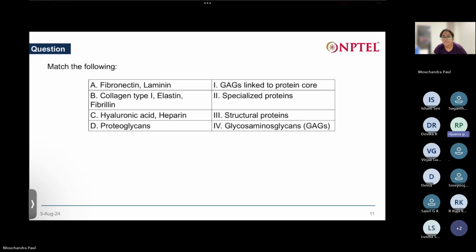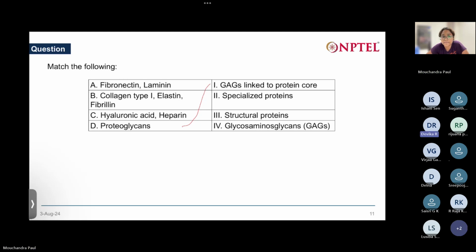For B, it is one. Your voice is very low, can you speak up? It's very difficult to understand what you're saying. For D, it is glycosaminoglycans. So you're saying D, proteoglycans, is one, correct? Yes. Okay.